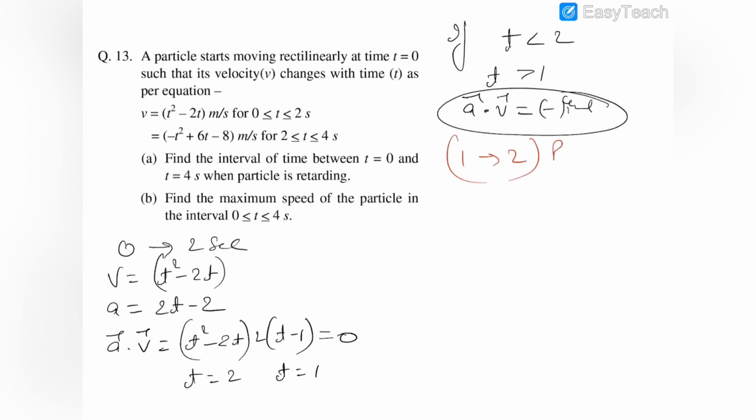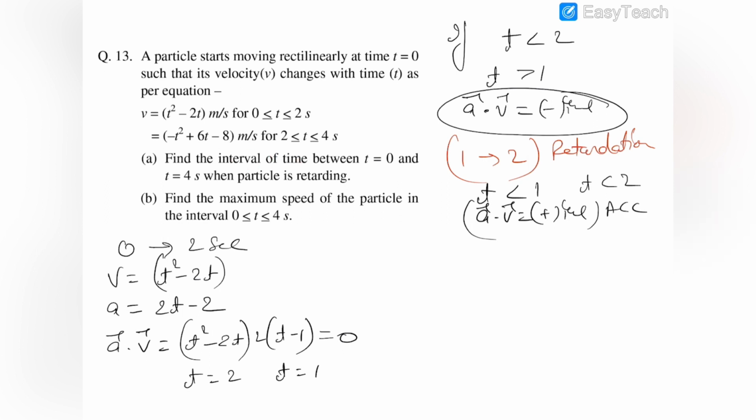And if the time is less than 1 second, so it is also less than 2 seconds, so both these terms are negative. So a dot v would be positive, and hence it is acceleration. So we have to find out the retardation period.